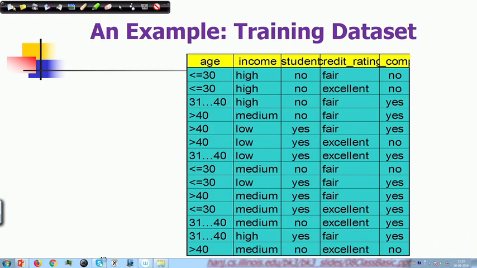So, let me consider an example to elaborate these computations. You can see this example here, and there is a data set shown in this example. In this data set, you have the statistics of computer buyers, whether a person buys a computer or not.